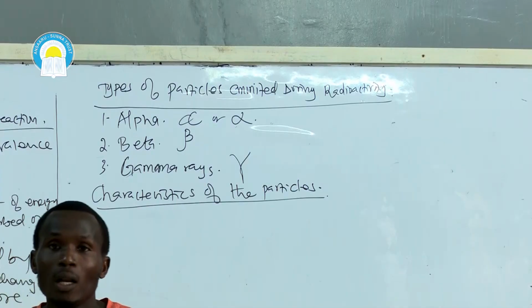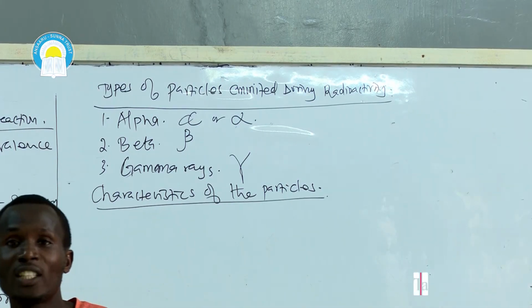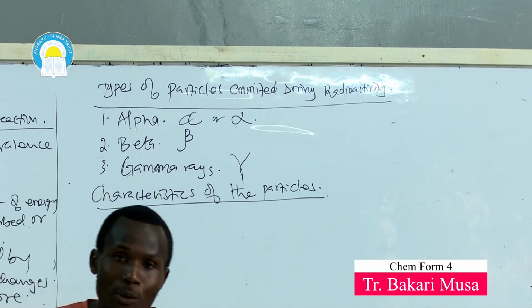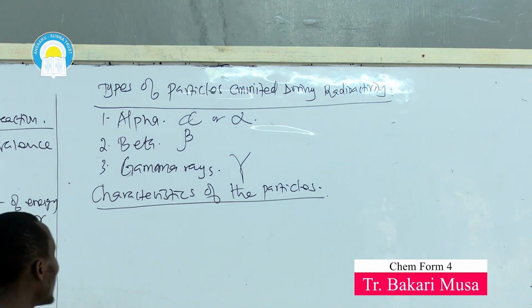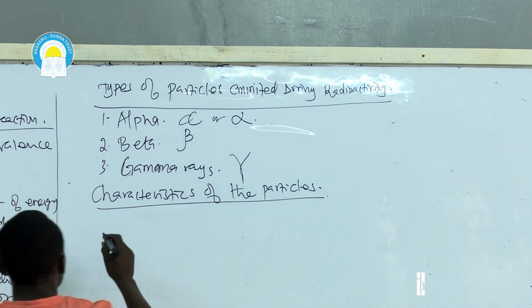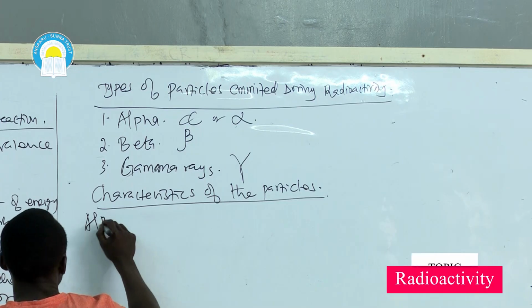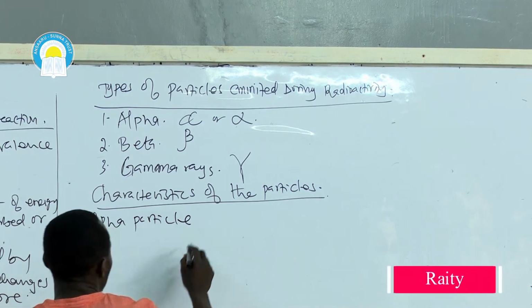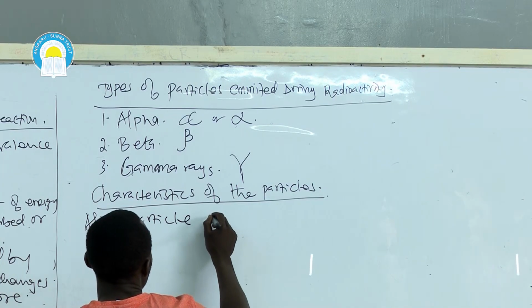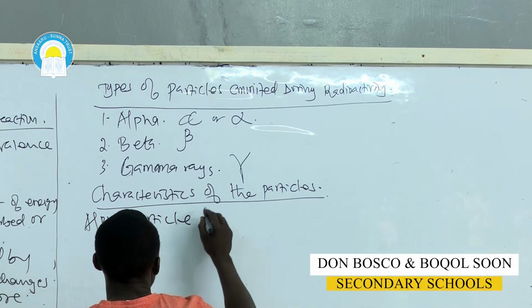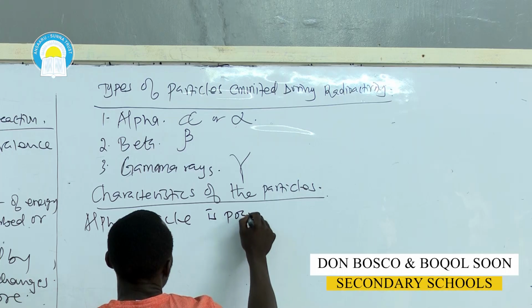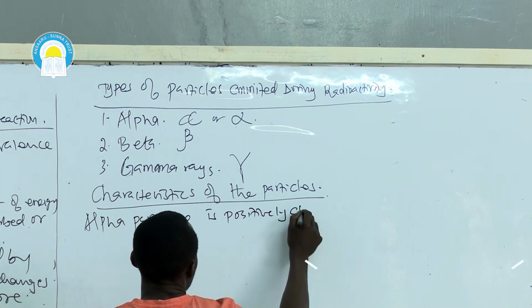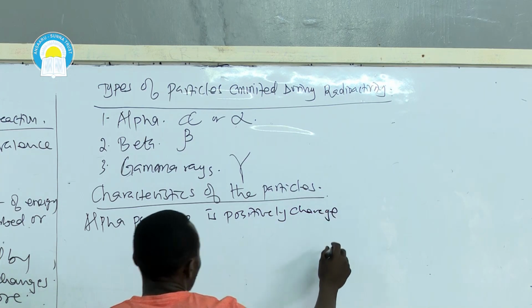Alpha particle is positively charged, and during its emission there is emission of a helium.